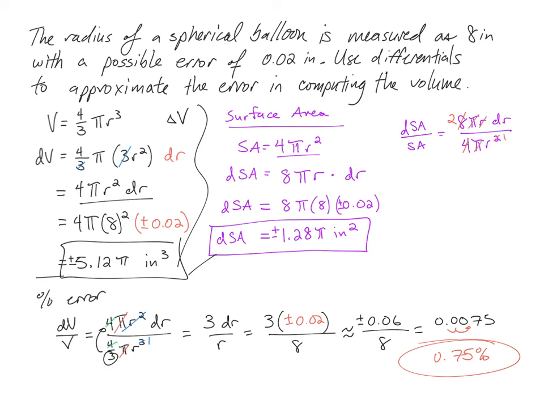The pi's are canceled. So here you are left with 2 dr over r. And again, you can substitute the values in and get, let's see, it would be plus or minus 0.04 over 8, which in fact, when you divide this out, would become 0.005, or as a percent, 0.5%.